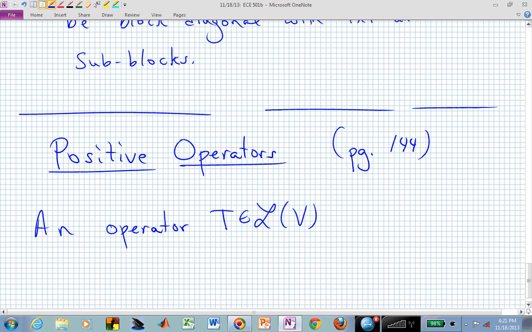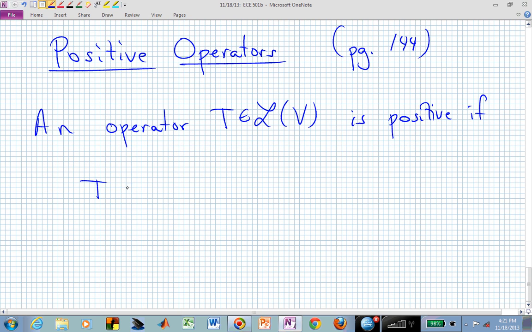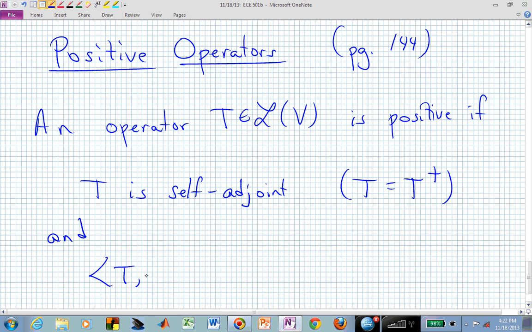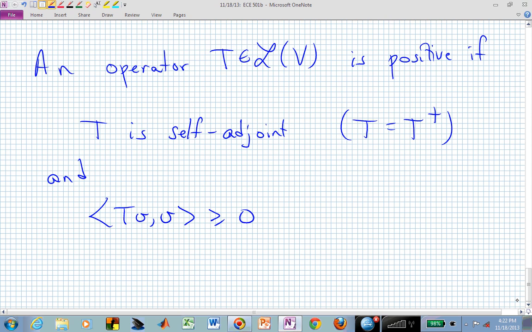So now T is a linear operator on this vector space V, is positive if two conditions. T is self-adjoint, which means that T is equal to its adjoint, and if we form the inner product of Tv with v, that inner product is non-negative.